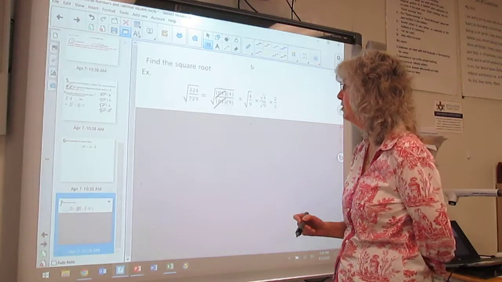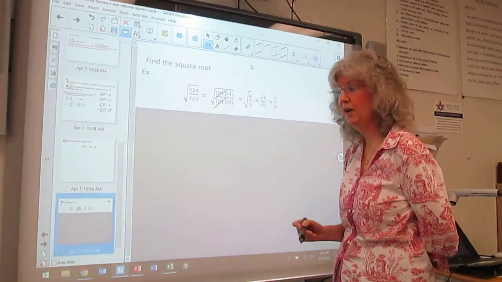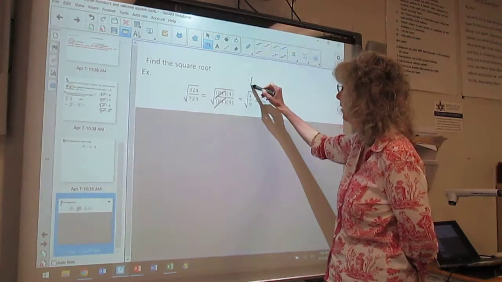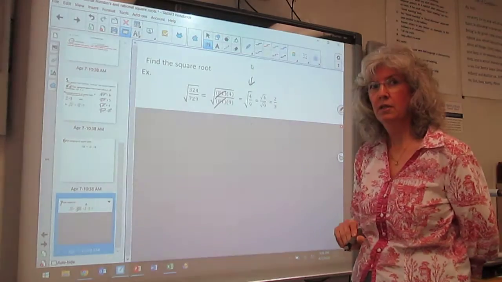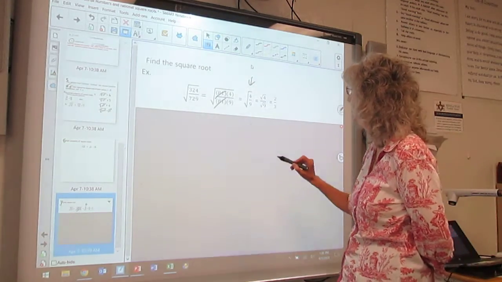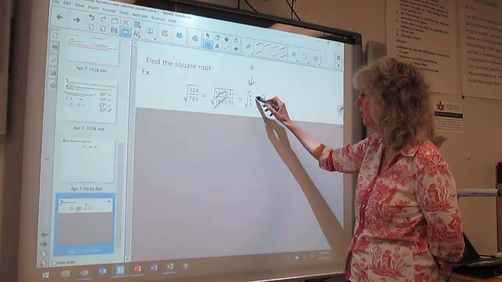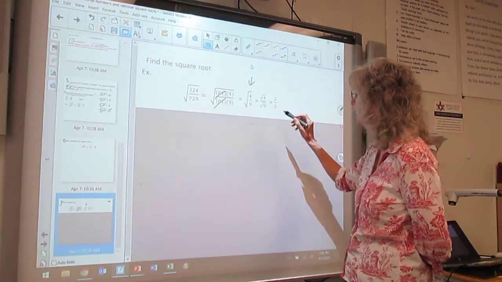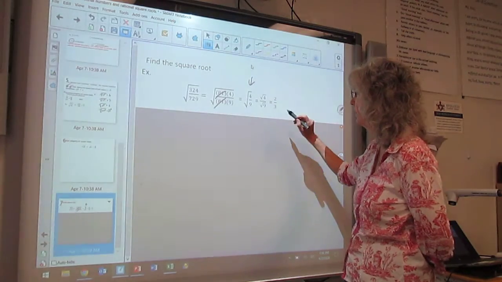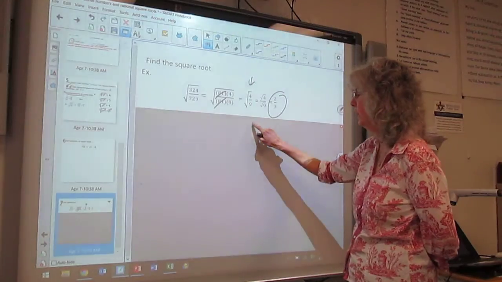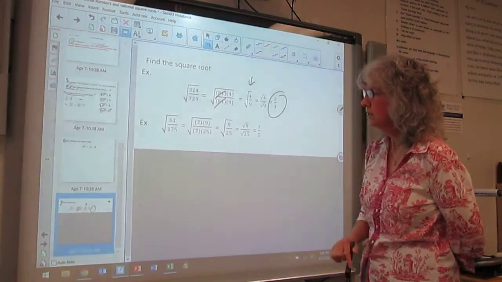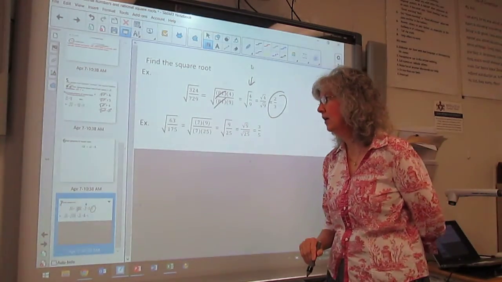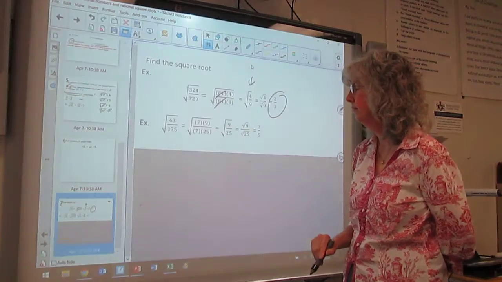So now we use the product property to simplify that to this point. Now we're going to use the quotient property because the numerator and the denominator are both perfect squares. So we're going to change it to the square root of 4 over the square root of 9, which equals 2/3.